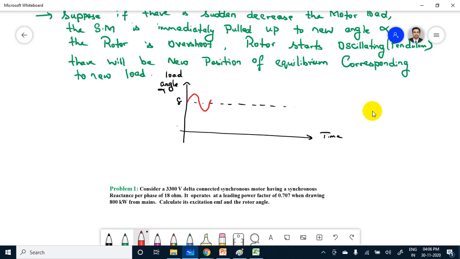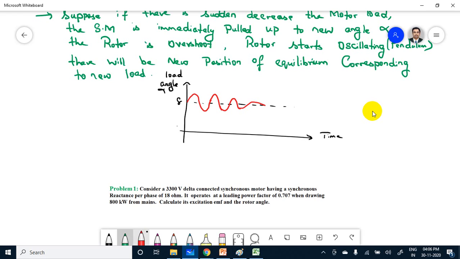It should be like this. Starting, it will be going very smoothly, then based upon the movement of the rotor, it starts oscillating like this. This is the oscillation.